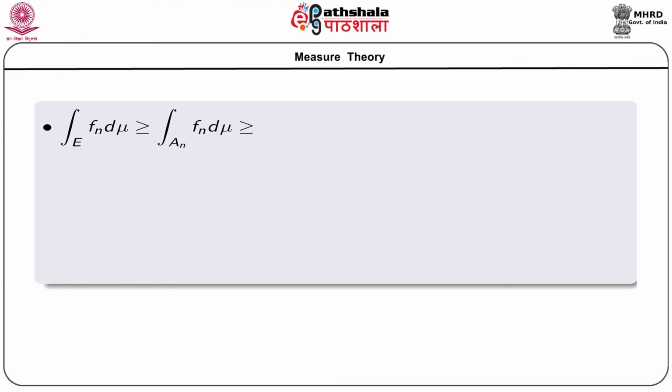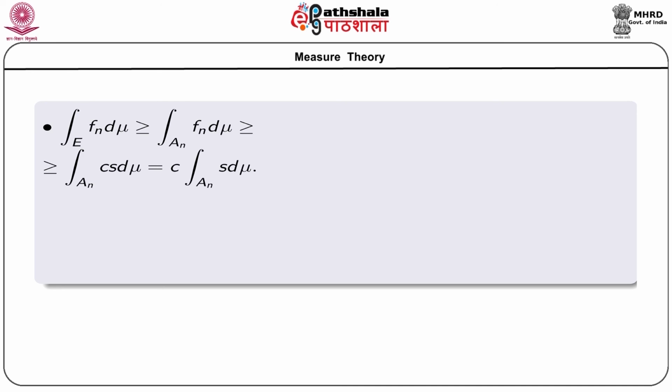See that if we consider the integral of f_n over the whole set E, since A_n is a subset of E, this is greater or equal to the integral of f_n over A_n. This is again greater or equal to the integral of c s over A_n, because on the set A_n we already have f_n(x) greater or equal to c s(x).